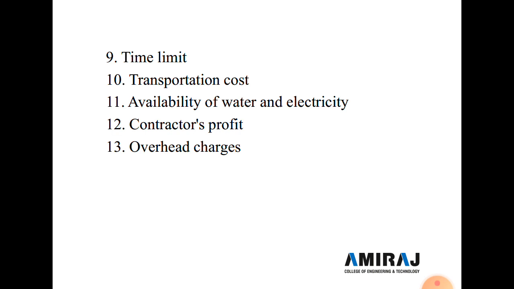So these types of overhead charges, 2.5 to 5%, increase the overall project cost. So this affects the overall rate of the work. So here we discussed 13 factors which affect the rate analysis.